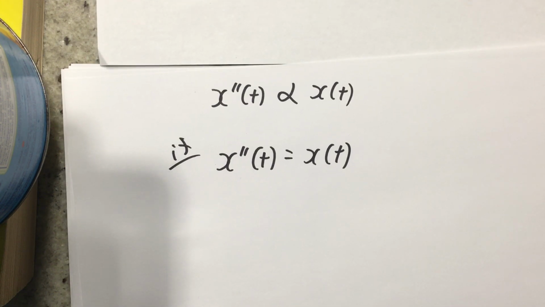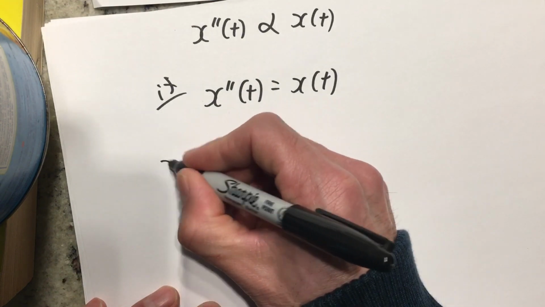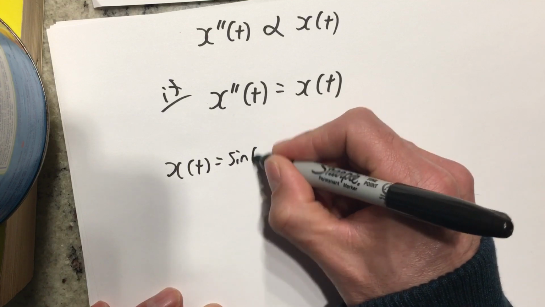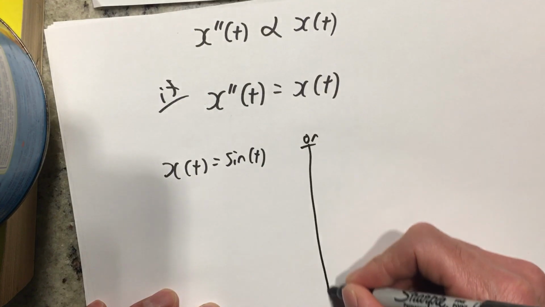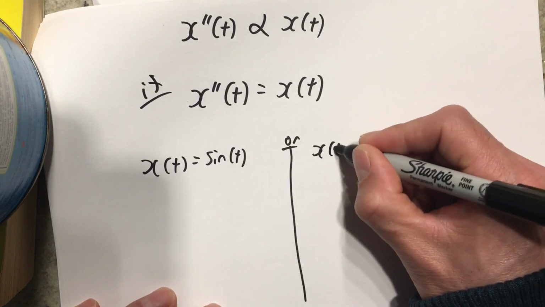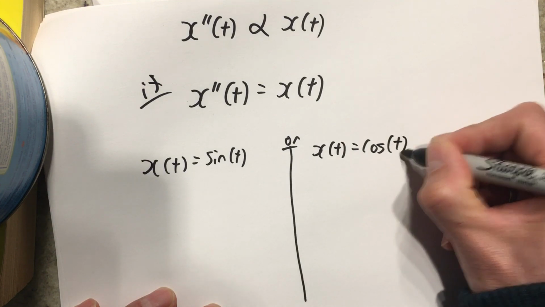And if you recall, when you took the derivative of sine, you got cosine, and when you took the derivative of cosine, you got negative sine. So what that means is, we've got two possible answers here: x at t is the sine of t, or x at t is the cosine of t.